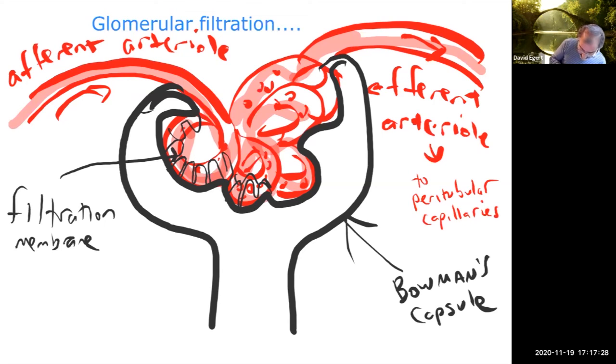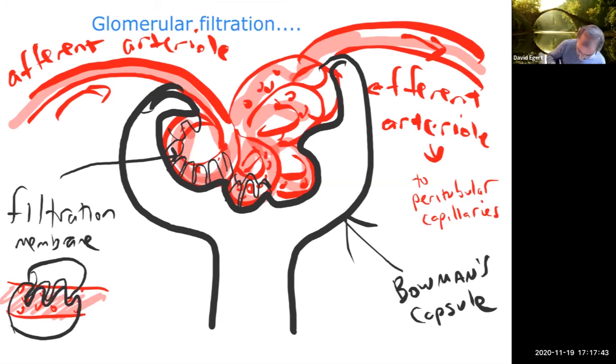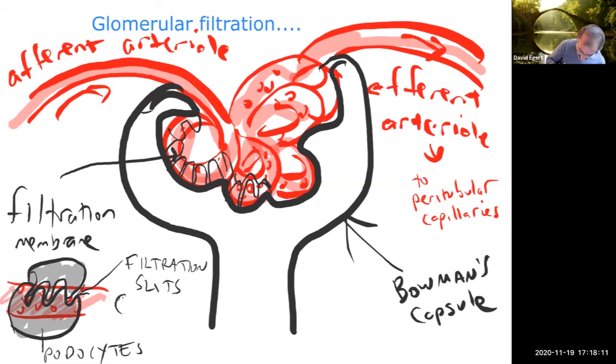It's actually a mix of fenestrated capillaries and then these cells, which we call podocytes, that make these little filtration slits. They're also called slit pores.